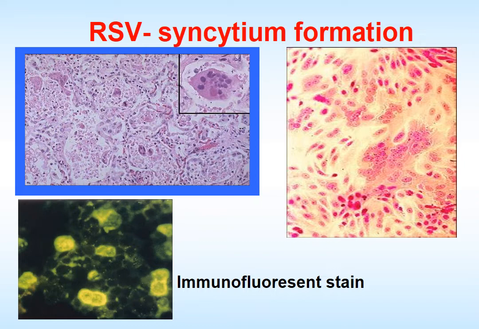And on this slide you can see the action of RS virus, exactly the creation of this syncytium, abnormally big cells with numerous nuclei, and the immunofluorescent test also shows the same picture, but it's a more specific type of investigation than usual microscopy.